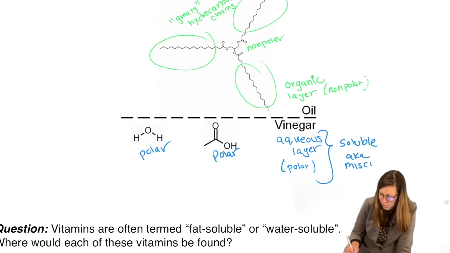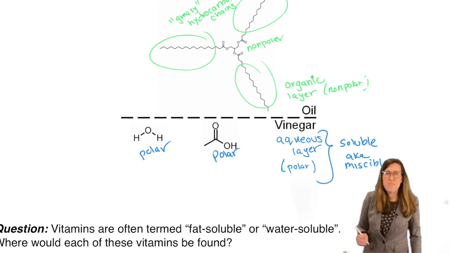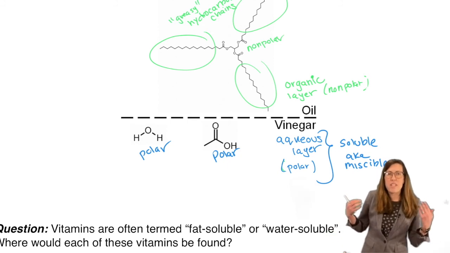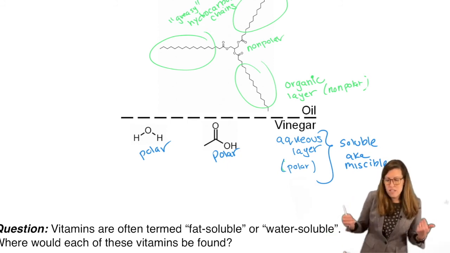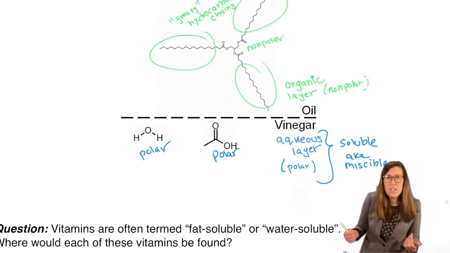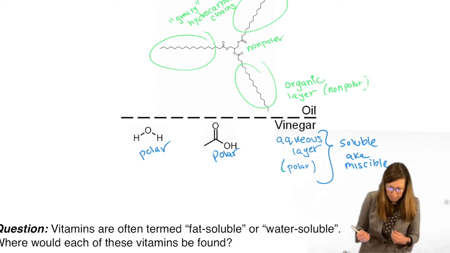So if we say something's miscible in the aqueous layer, it's probably polar. If we say it's miscible with the organic layer, it's probably nonpolar, right? It must be.